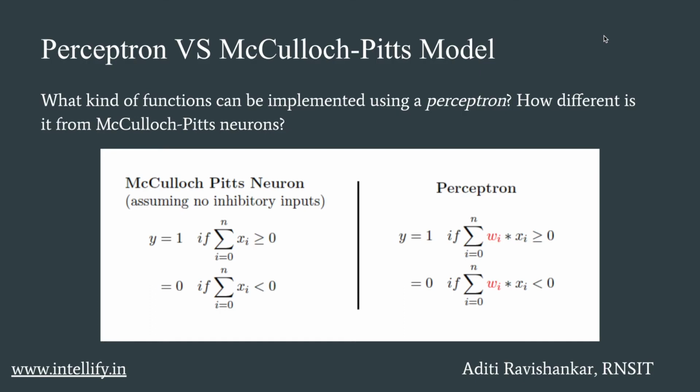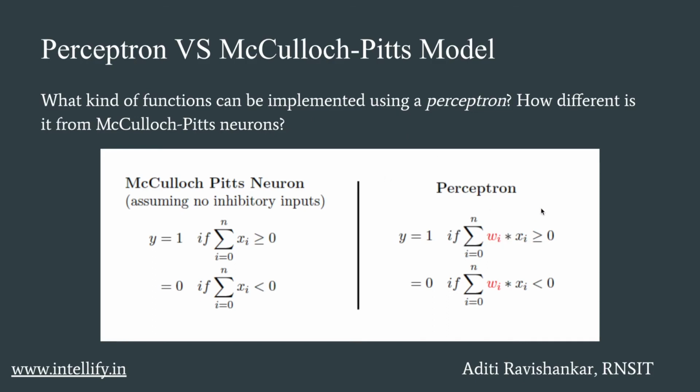Now let us look at the comparison between the perceptron and the McCulloch-Pitts model. What kind of functions can be implemented using a perceptron, and how different is it from the McCulloch-Pitts neuron? So from these equations, it is clear that even a perceptron separates the input space into two halves, positive and negative.